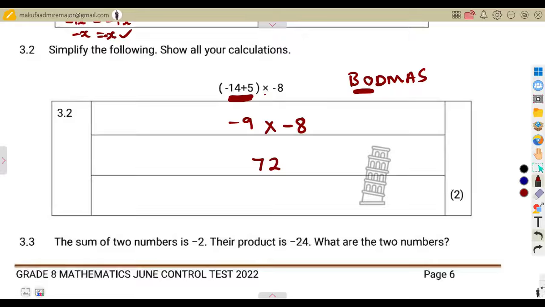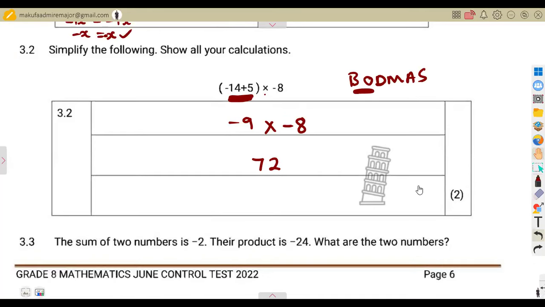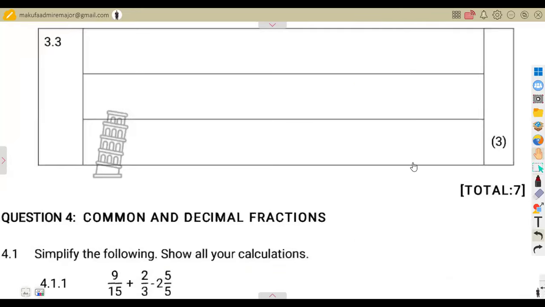Remember, they said calculators are allowed, so make sure you use your calculator to verify your answer. -9 times -8, what are you going to have? Positive 72. So that is what you're going to have at the end. So be careful how you answer your questions.